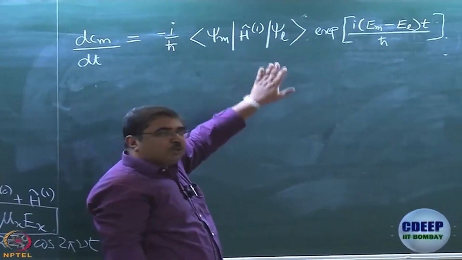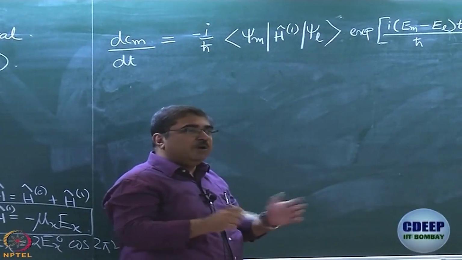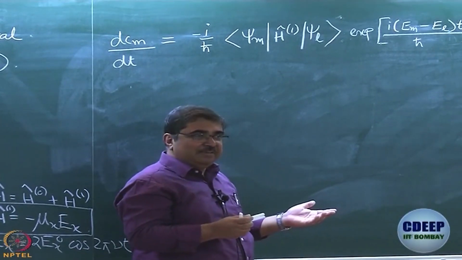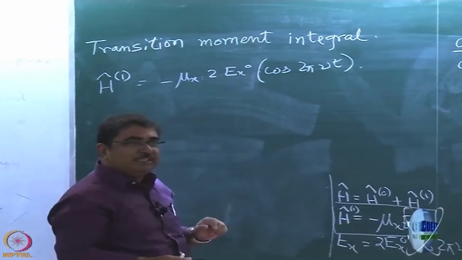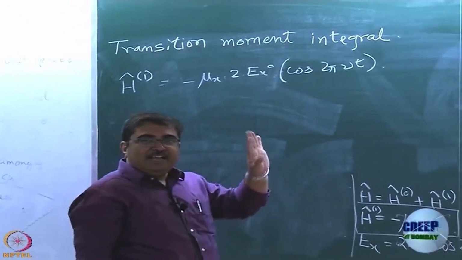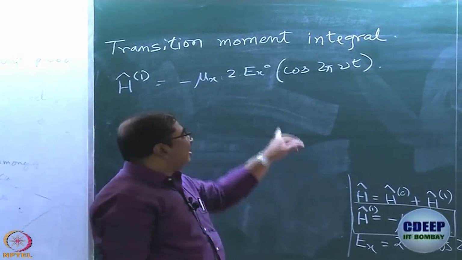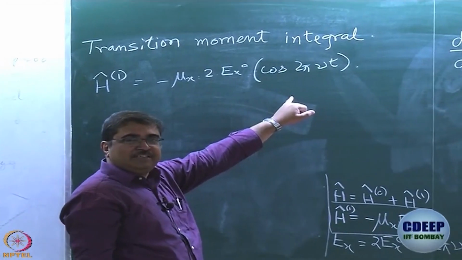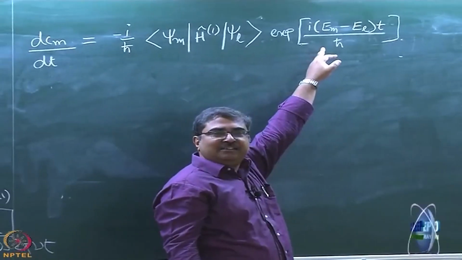All right. And what should we try to do? We should try to separate the factors, right? The one in spatial coordinates and one in temporal coordinate, time. So, I think you can see from this expression and that expression that the problem should become simpler if we convert this cosine factor to a sum of exponential terms, because I already have something that is an exponential term in time.